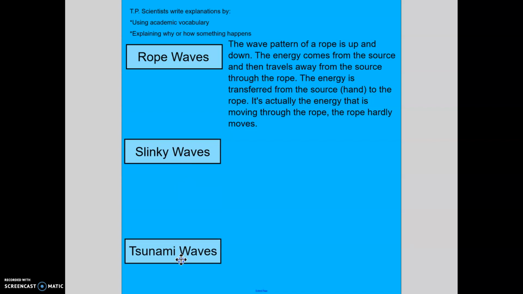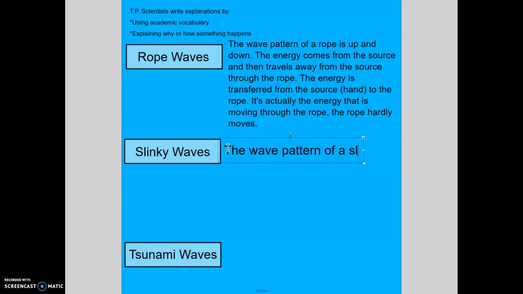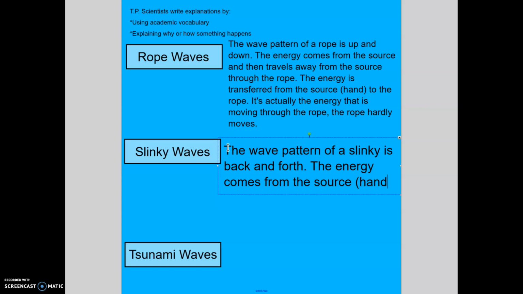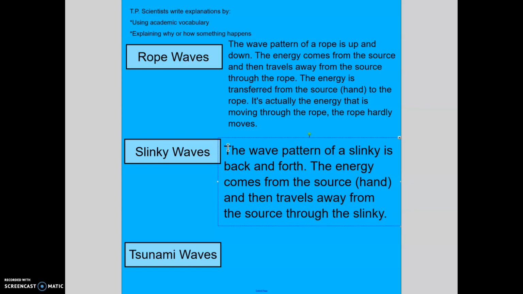So the wave pattern of a slinky is back and forth. The energy comes from the source, which is usually someone's hand, and then travels away from the source through the slinky.